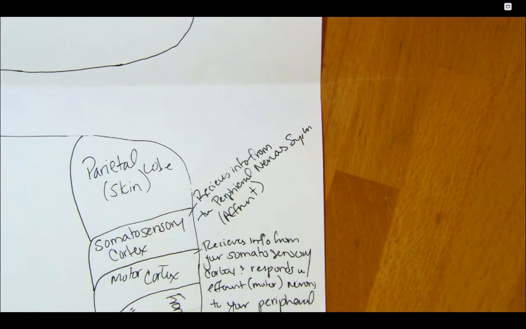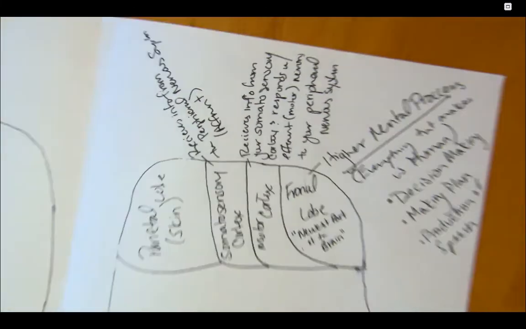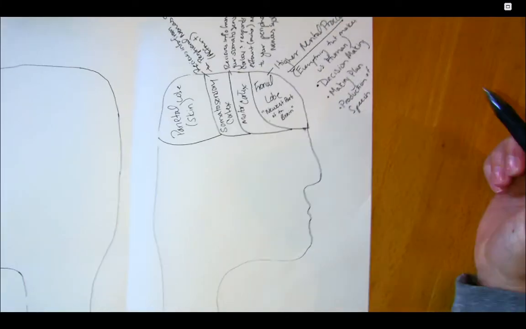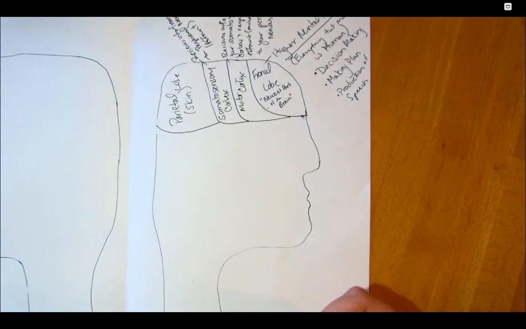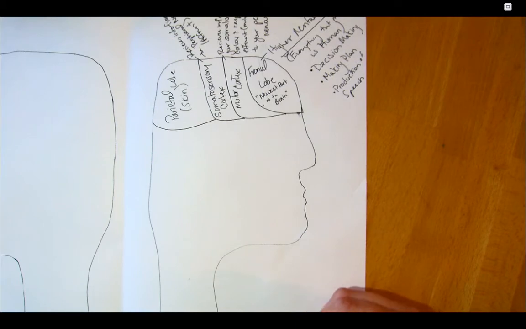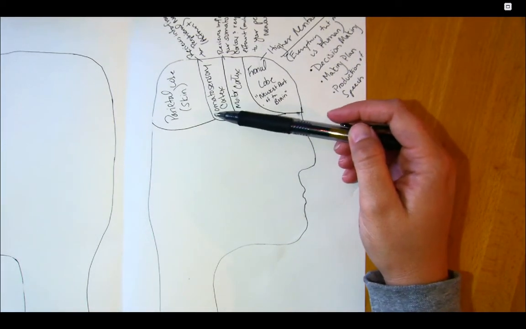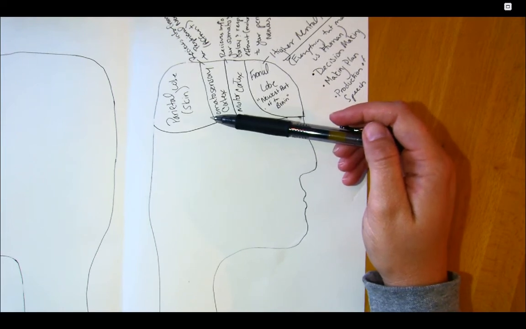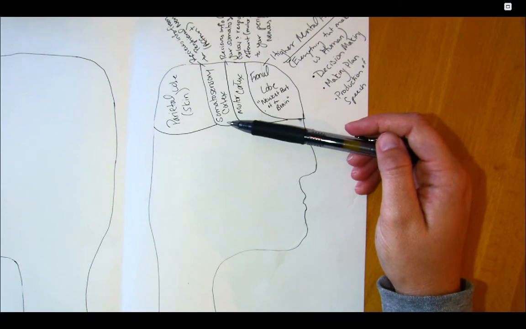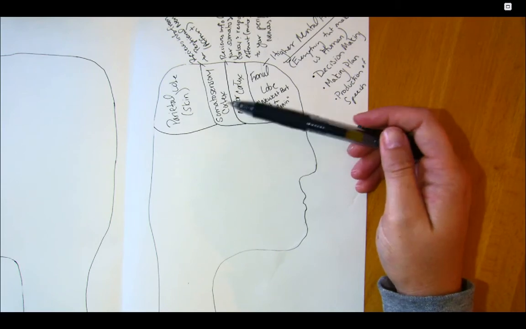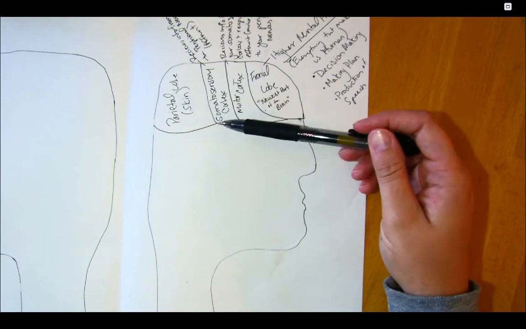So, going back, looking at it this way, okay, so here's our brain. All of your sensory neurons coming from your peripheral nervous system are traveling up your sensory pathway, and that sensory pathway brings you to your somatosensory cortex. Once it's in your somatosensory cortex, your interneurons are then processing that information and figuring out what exactly is happening. So, going back to the example we've used 1,000 times in class.